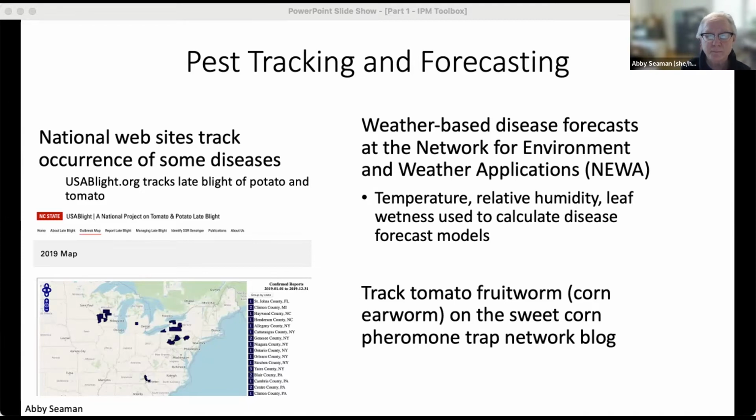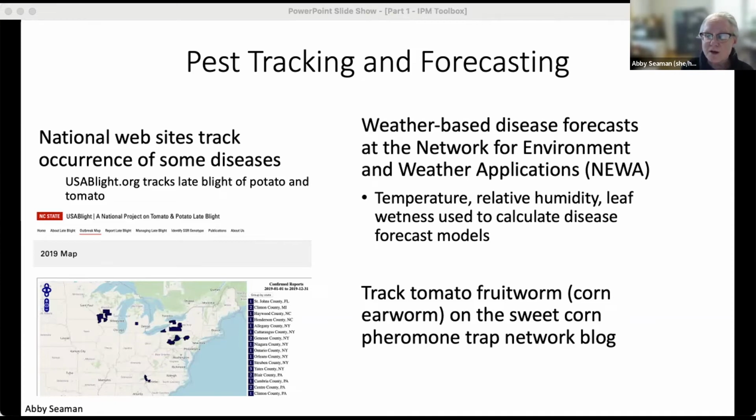Marion manages a sweet corn pheromone trap network that monitors for corn earworm, which is also AKA tomato fruitworm. And so that can be another source of an early warning system. Corn earworm can be a pest of tomatoes, and it's very difficult to scout for.